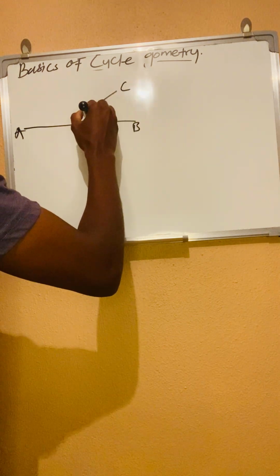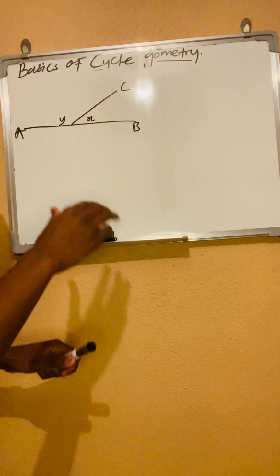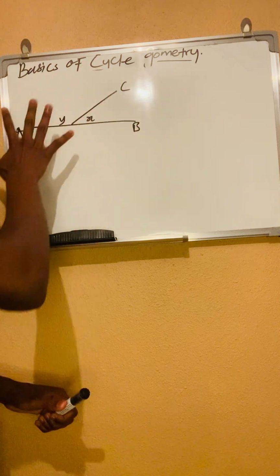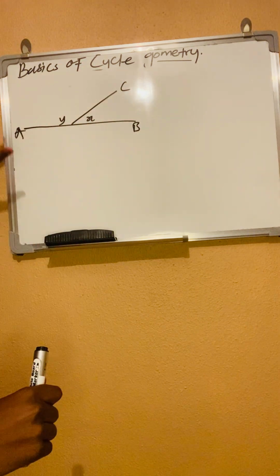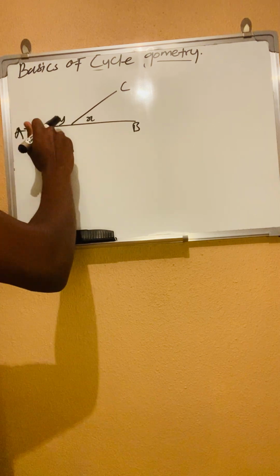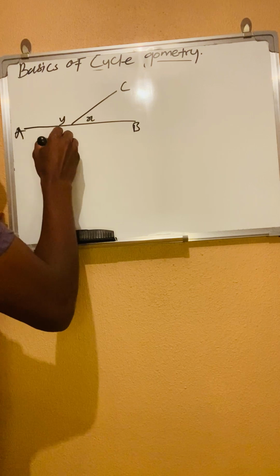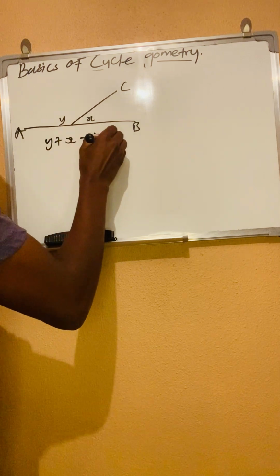Let's take this X, this is Y. The sum of the angles here is equivalent to 180. Therefore, Y plus X is equal to 180 degrees. Y plus X is equal to 180 degrees.